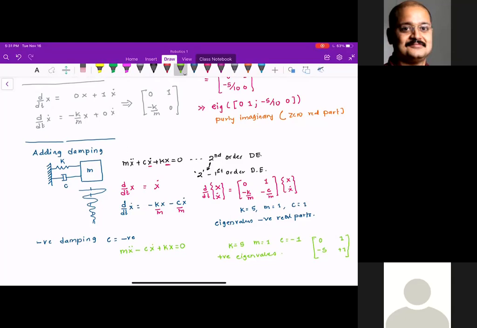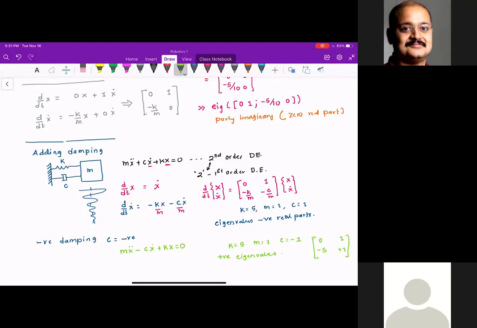Now the big question is, how does this big system behave? Say a part of that system is unstable and a part of that system is stable, how would the entire system behave? The entire system will behave depending on which subsystem is excited. In other words, what initial conditions you are going to start with.